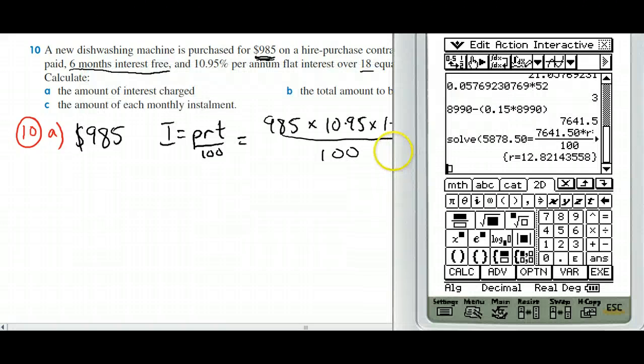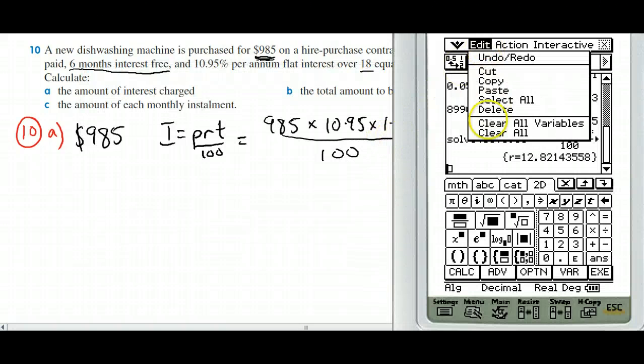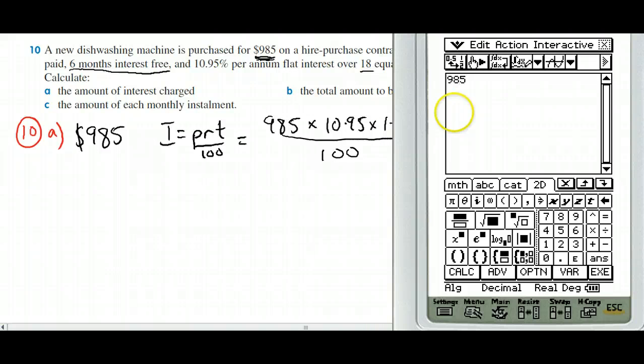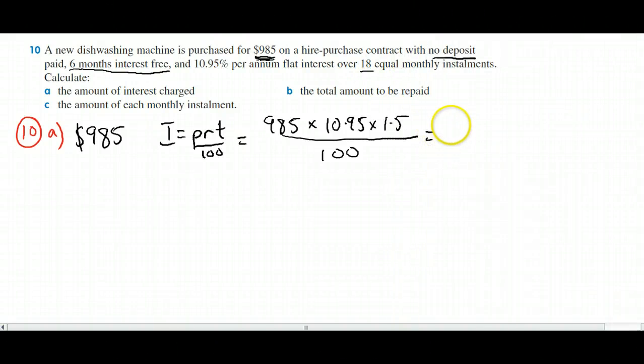So that turns out to be 985 times 10.95 times 1.5, divided all by 100, and we get 161.79. So that's the amount of interest that's going to get charged.